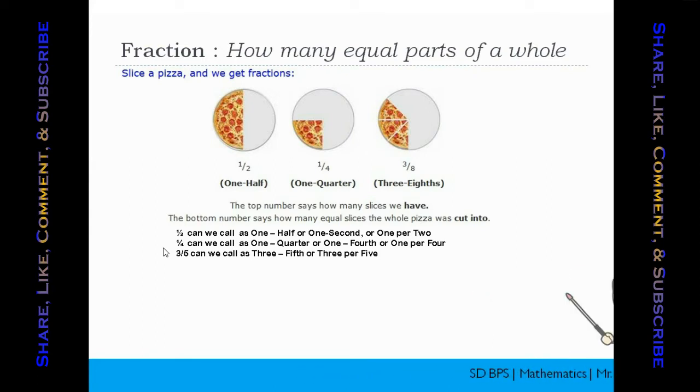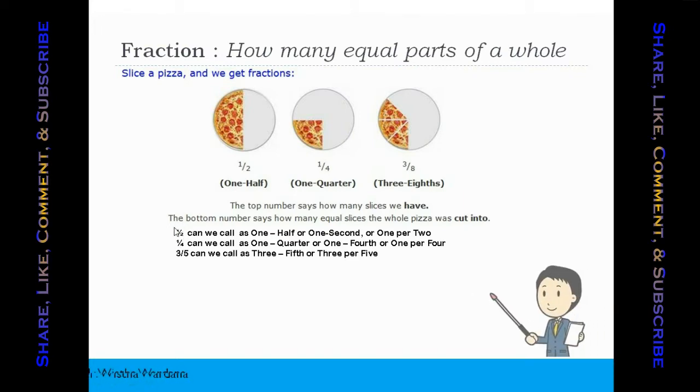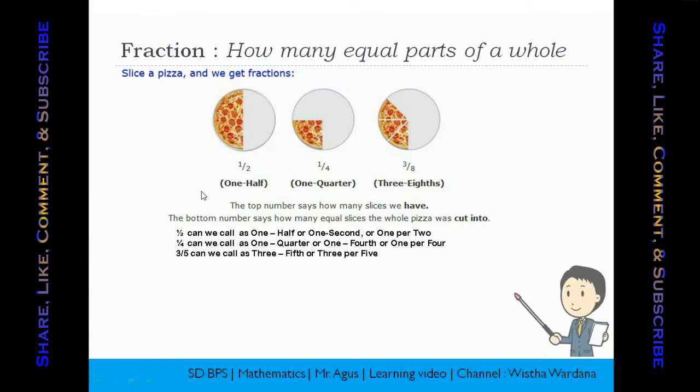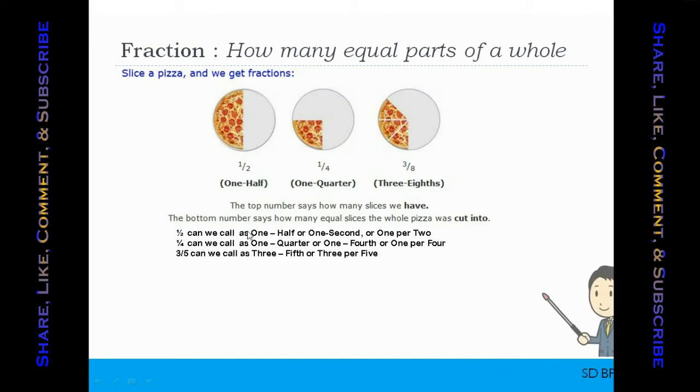Let's continue by how to read the fraction given. For example, 1 per 2, not only you can say 1 half, but you can say 1 second, 1 per 2.